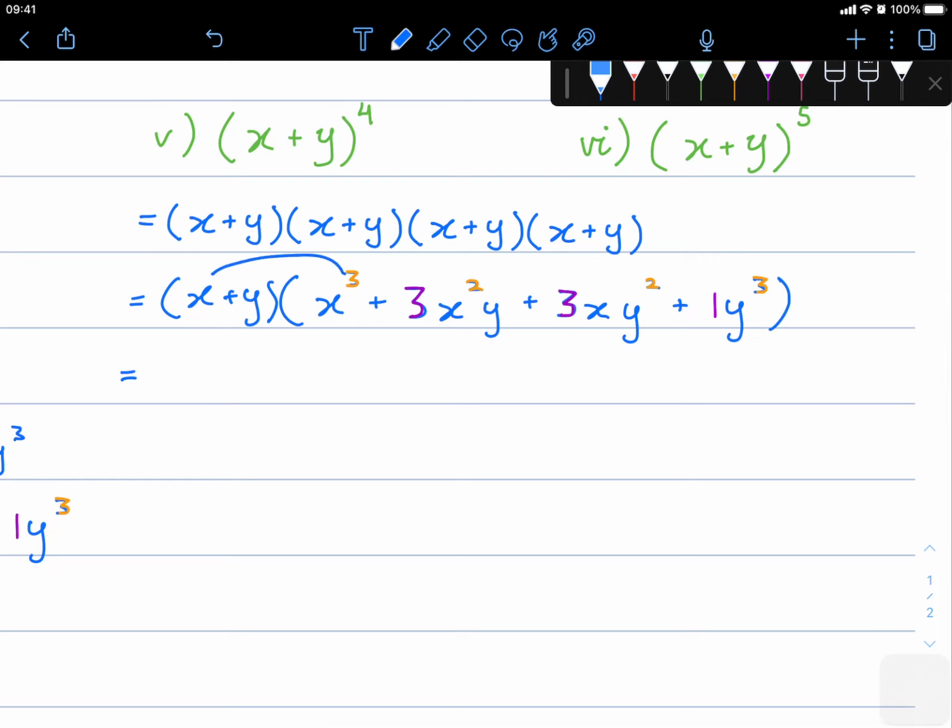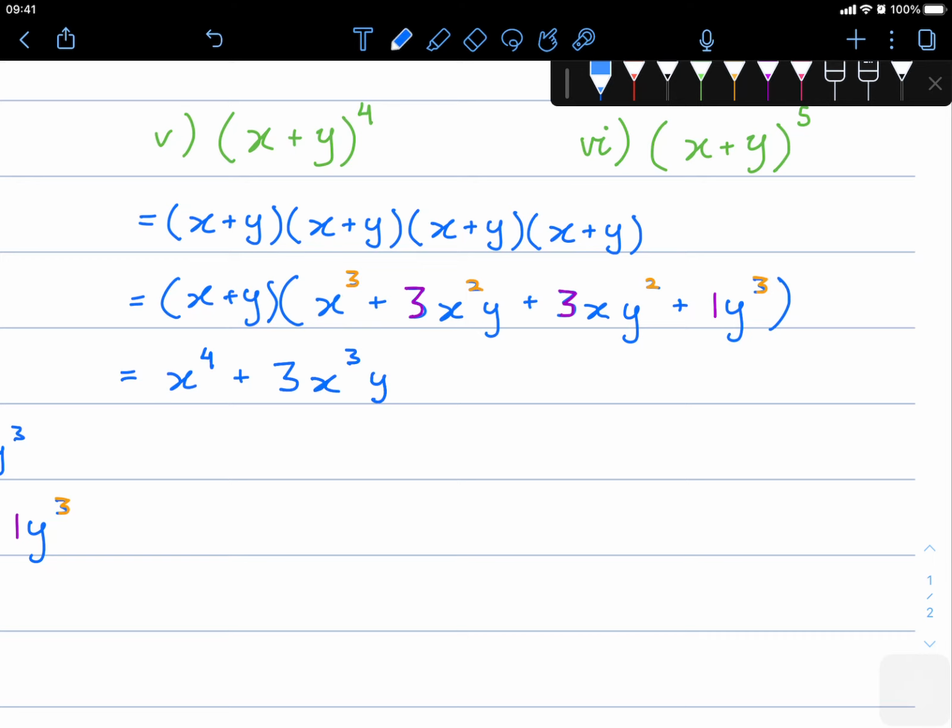X times x cubed, x to the power of 4. X times 3x squared y is going to become 3x cubed y.